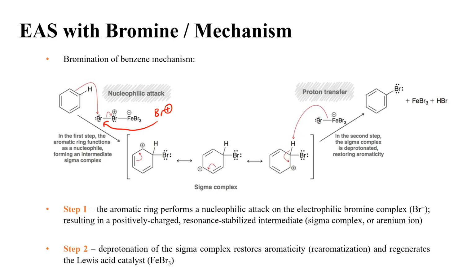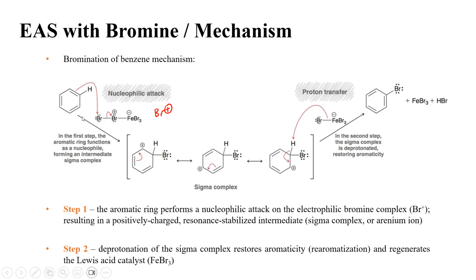This is not a mechanism error. I'm just showing you that that Br plus is that Br right over there. But the bottom line is that the ring is going to be a nucleophile. One of the double bonds of the aromatic ring is going to be a nucleophile, like an alkene can be a nucleophile.